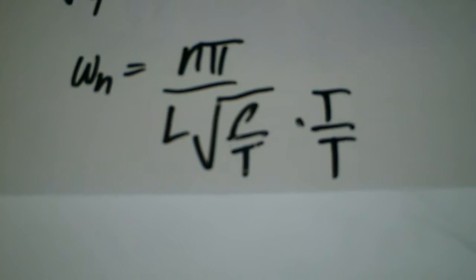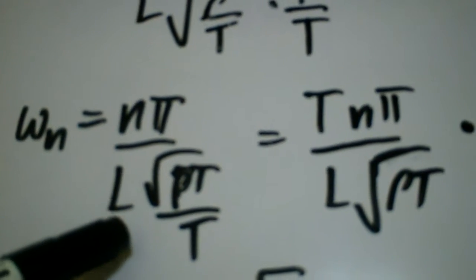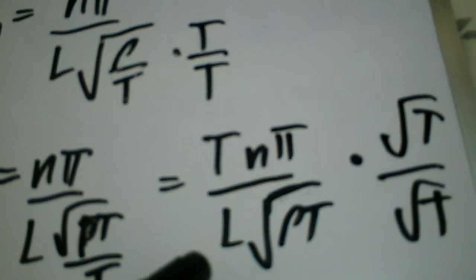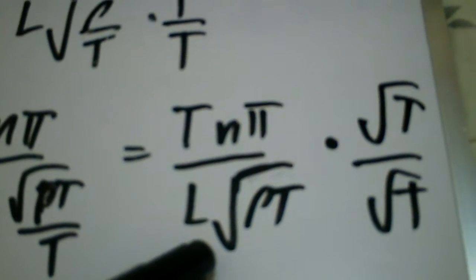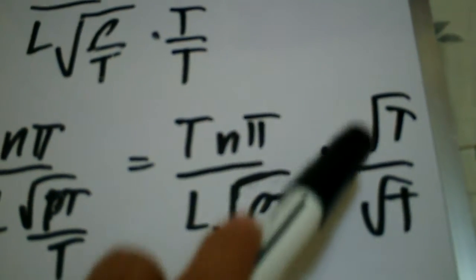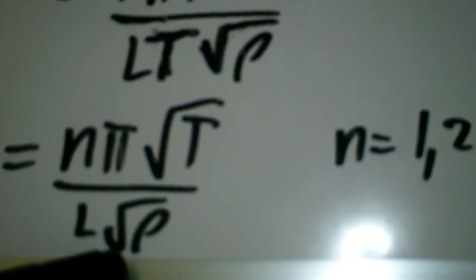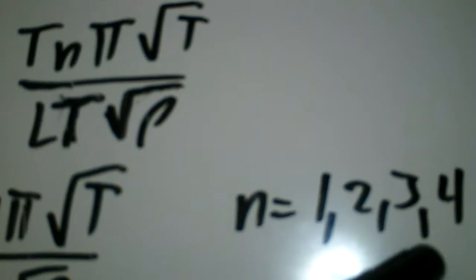Since these are radicals, which we already learned, we will get omega n equals n pi over L square root of T over rho, which equals n pi over L square root of T times rho, multiplied by another radical, square root of T over square root of T. So our final answer will be omega n equals n pi square root of T over L square root of rho, wherein n equals 1, 2, 3, 4.